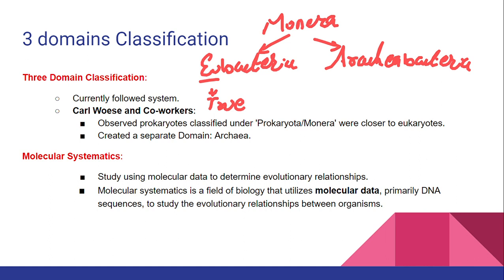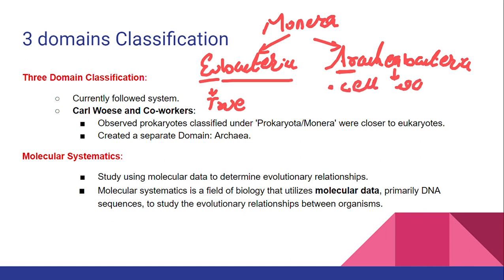That means whatever characters we have studied about bacteria till now, everything applies to the eubacteria. Then what about the Archaea bacteria? Archaea bacteria are the ones which are able to survive in harsh conditions, for example very salty, or high temperature, or very cold temperature. In these conditions, you will see Archaea bacteria survive. Why? Because their cell wall is different.